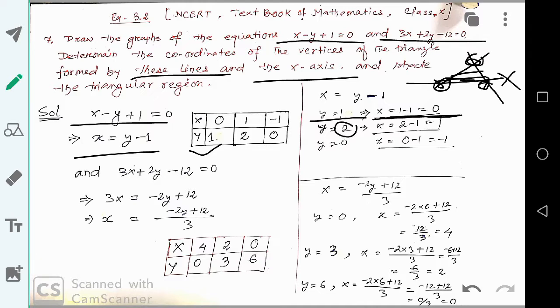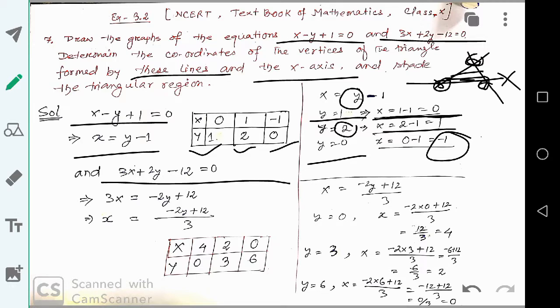If y equals 2, then 2 minus 1 is equal to 1. If y equals 0, then x will be minus 1, because 0 minus 1 is minus 1. So these are the 3 points we have got.